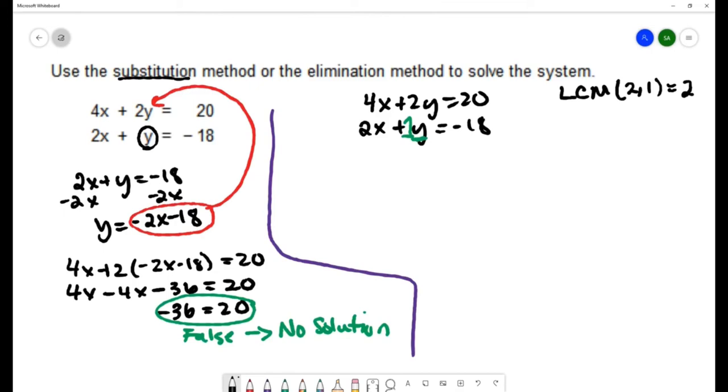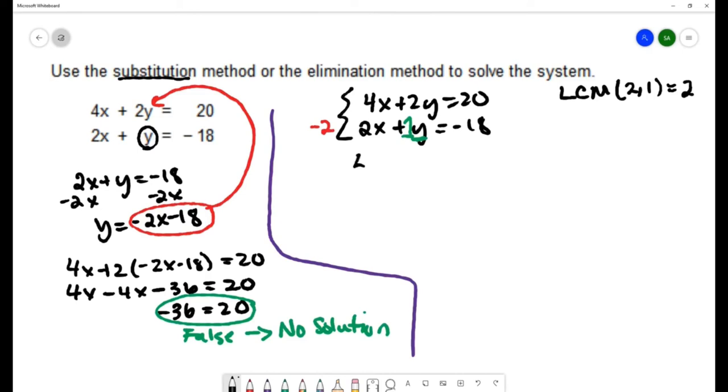I already have a 2 on one of the coefficients of y, and so I'm going to change the other one to be a negative 2. So on my system, I'm going to be multiplying a negative 2 times the second equation to force the coefficients of y to be 2 and negative 2.